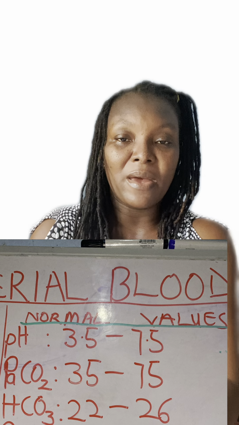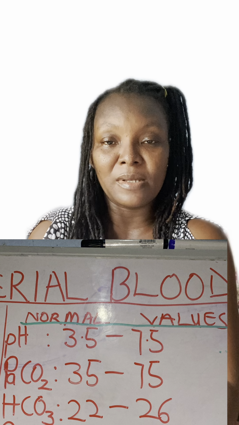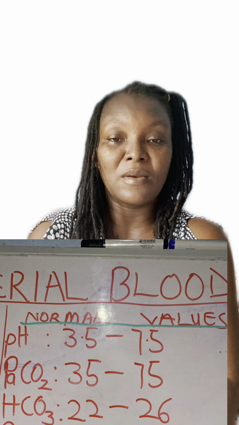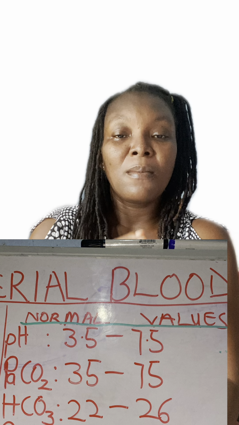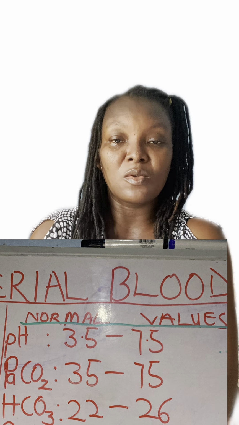Okay, so the normal pH is 3.5, and the normal carbon dioxide is also 35 to 75. Then the normal bicarb is 22 to 26. So whichever way it goes, it will determine what is causing the problem.